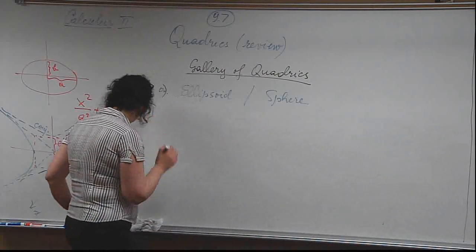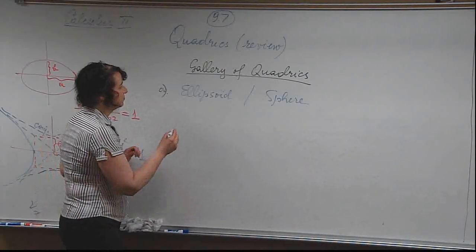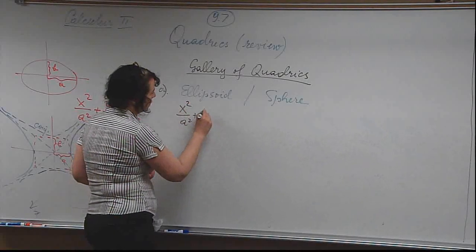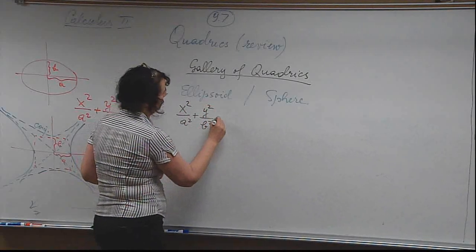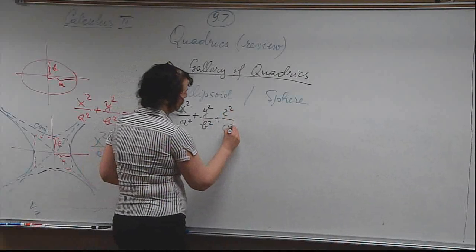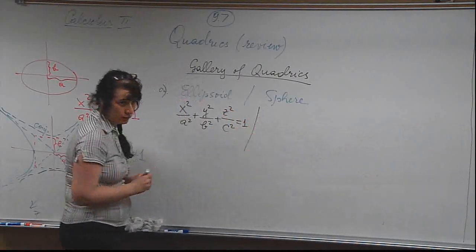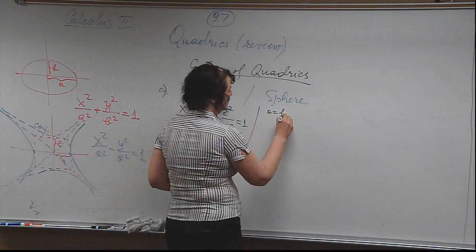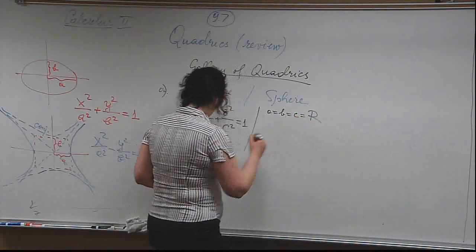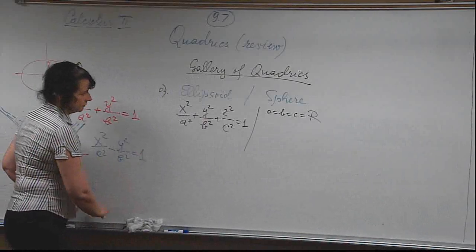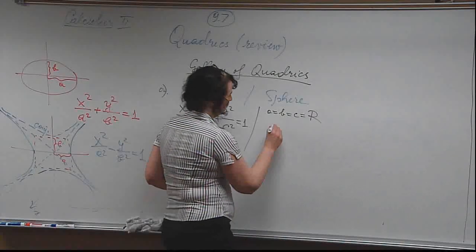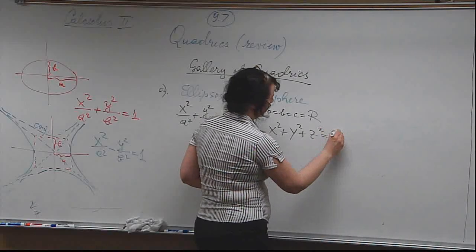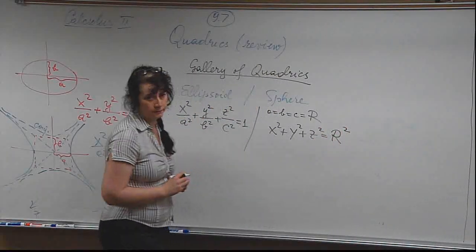Well, let's see what the equations were. x squared over a squared plus y squared over b squared plus z squared over c squared equals 1 for the ellipsoid. If a, b, c are equal and equal to r, what is that? That's a sphere of center origin, the standard sphere, of radius r.